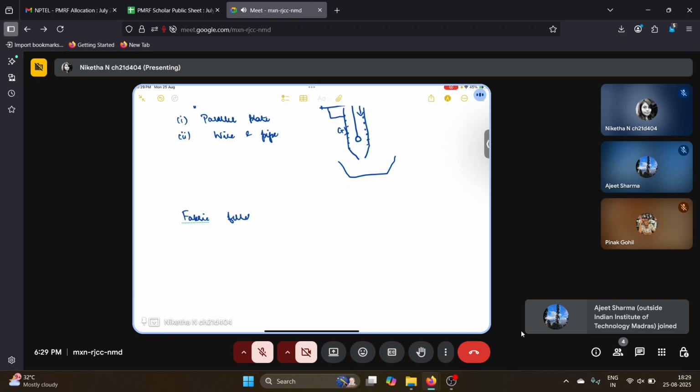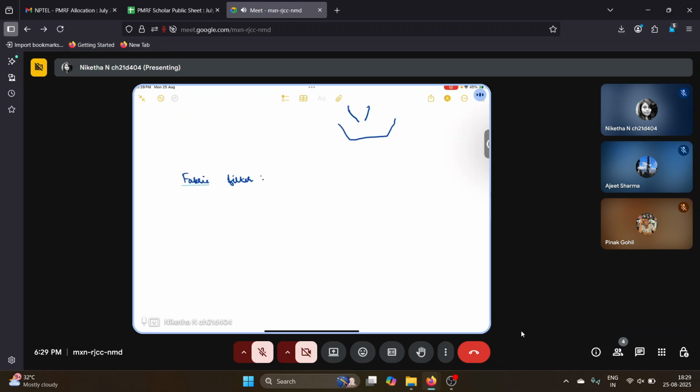Next is the fabric filter. A fabric filter, as the name says, is a fabric made of very small pores, and these pores are used to let the air pass through and trap the particles. So we will not have just one filter.